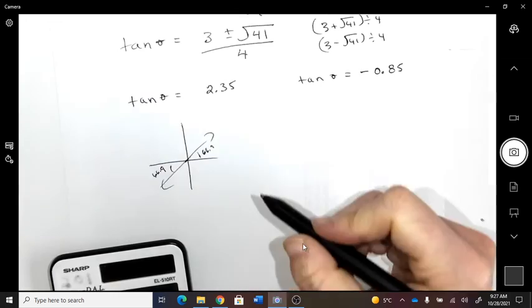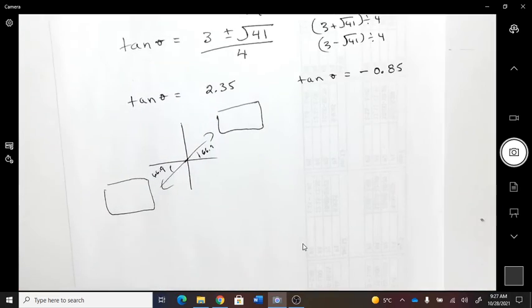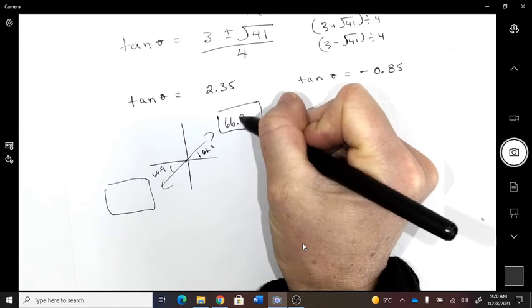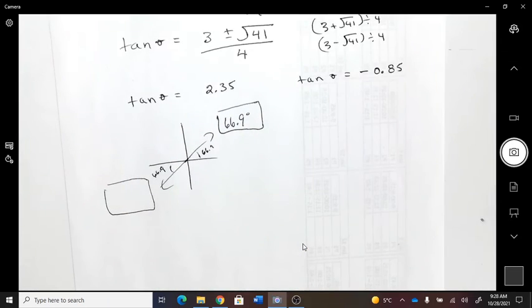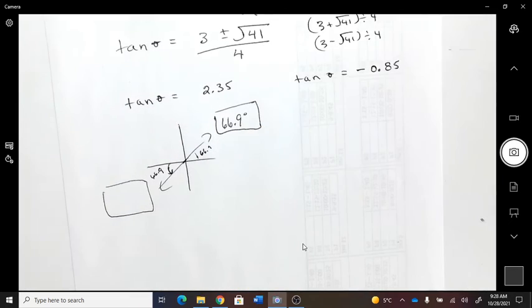That's a reference. That's not an answer, it's a reference. Okay, so 66.9 is one of the answers. And the other one is bigger than 180. Bigger than 180.